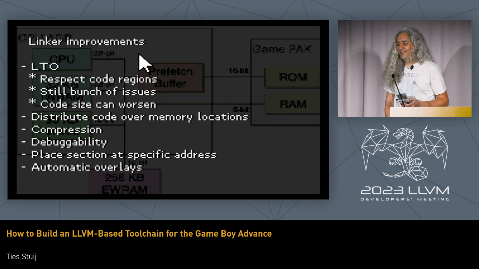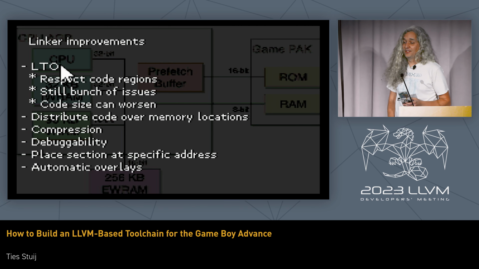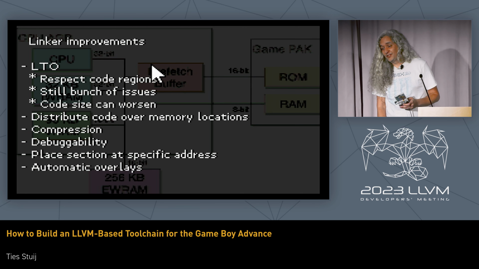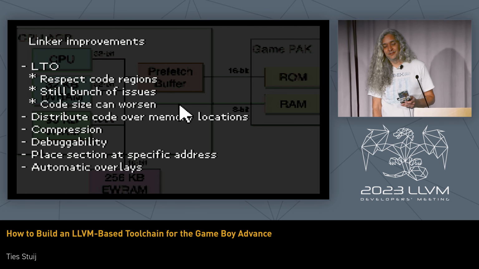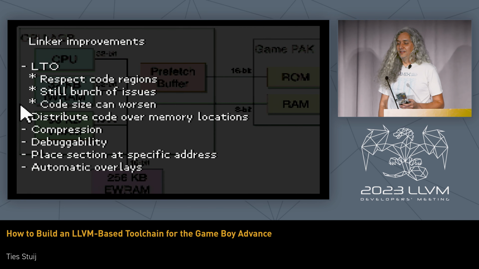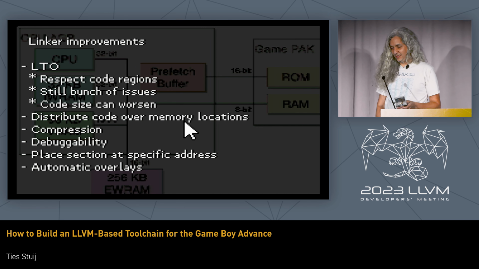Linker improvements. In general, things that are hot topics: LTO everywhere is a hot topic. Also in the embedded space, embedded and LTO don't like each other very much. As you can see here, you've got all these weird memory regions, and LTO doesn't necessarily know how to handle that.